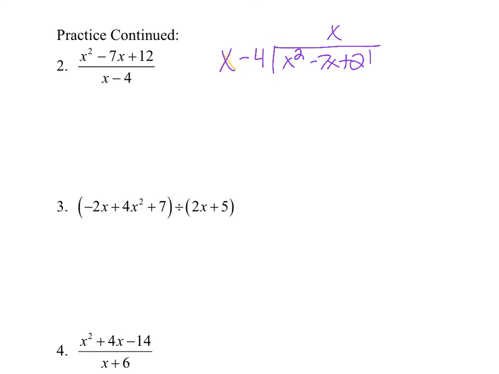Okay, I need x times x is x squared. X times minus 4 is minus 4x. Subtract this, which means the x squareds are going to go away, and I end up adding the 4x. So minus 7x and 4x is minus 3x. Bring down the 21.